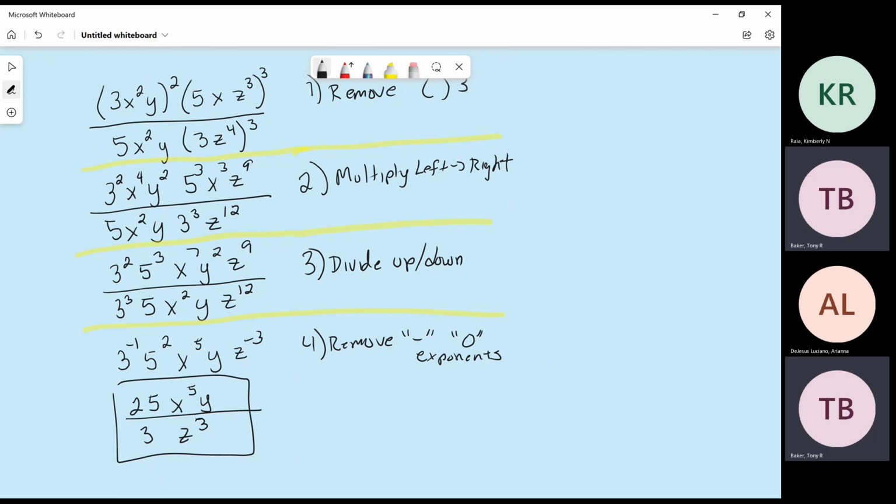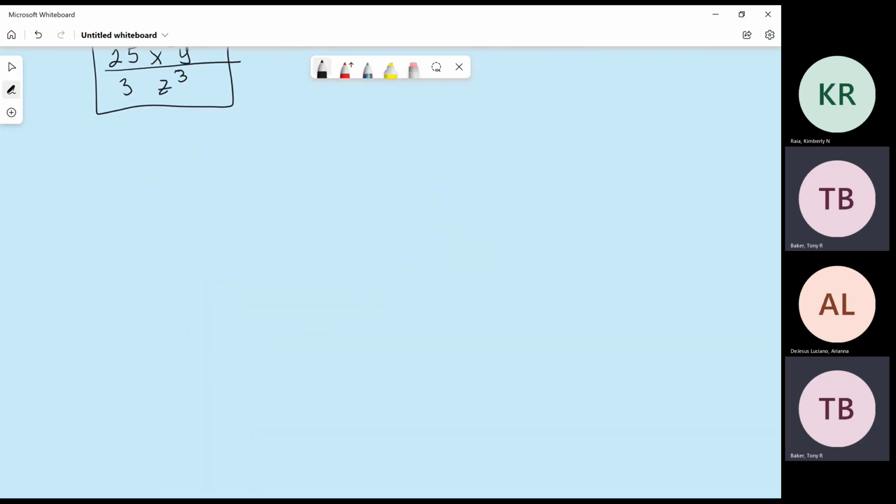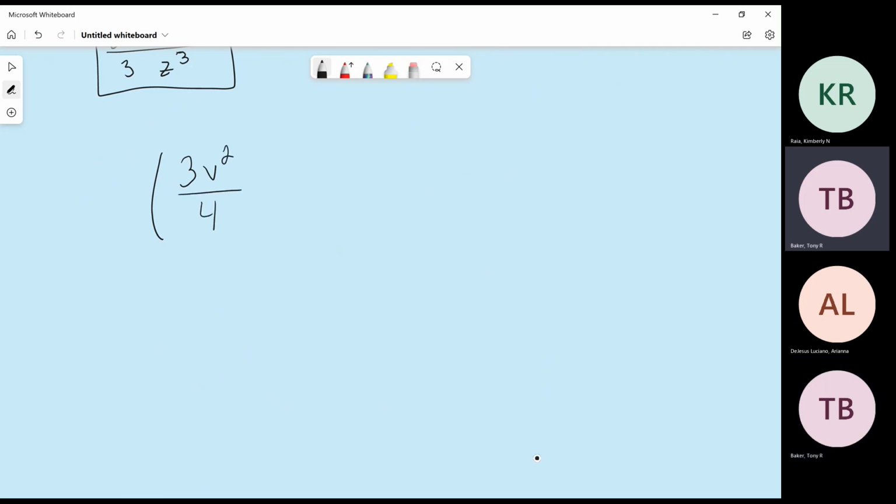I'm trying to see what's the most complicated one that they gave you. This one has a number and 2 letters. The only other thing that I didn't do one like is if you have a variable and an exponent outside.